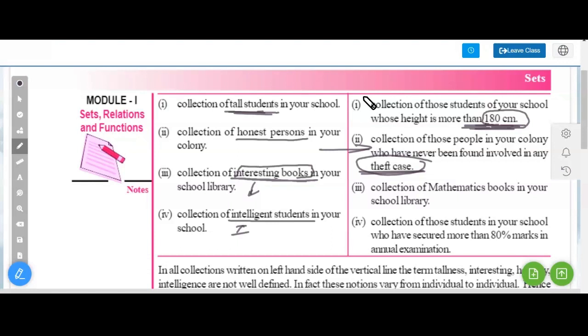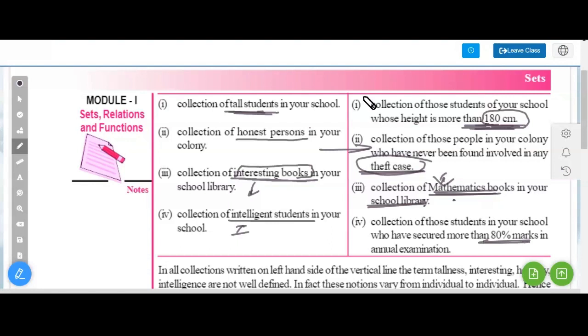Next one is the collection of mathematics books in your school library, which is again a well defined set, because in the library you are finding maths books. It's not written interesting books. So this is a well defined collection. Next one is a collection of those students in the school who have secured more than 80%.